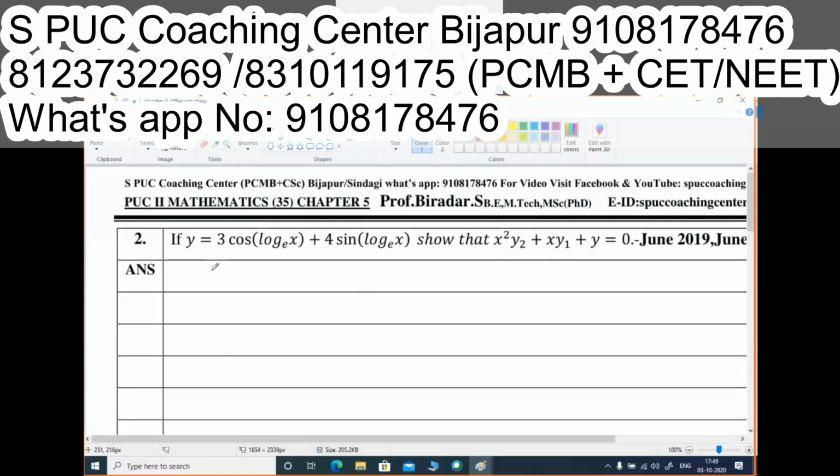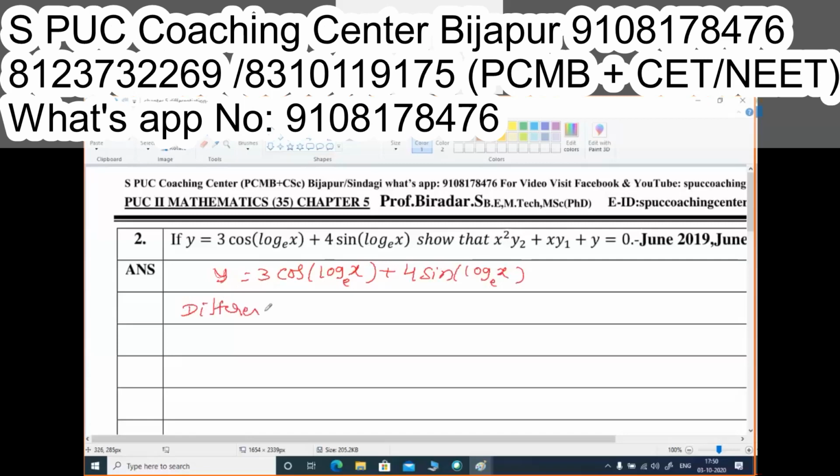Okay. So let us take this y is equals to whatever he has given. y equals to 3 times cos of log x to the base e, plus 4 times of sine log x to the base e. Just you differentiate one time with respect to x.